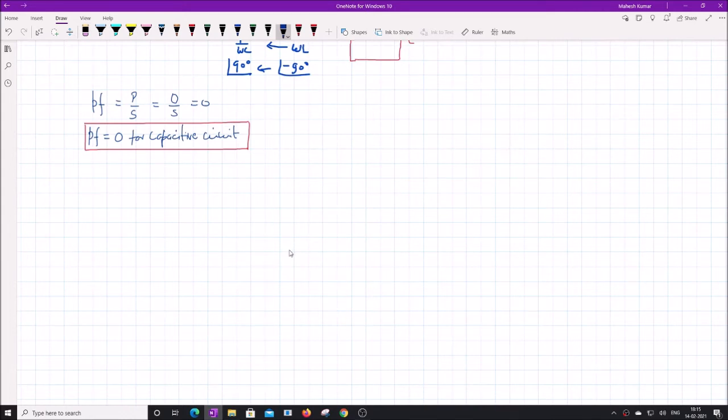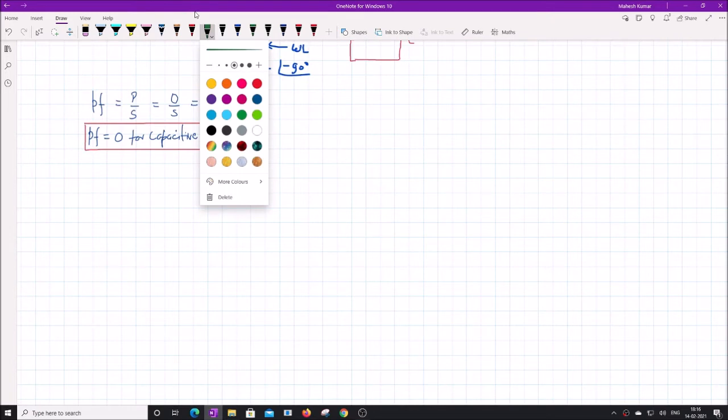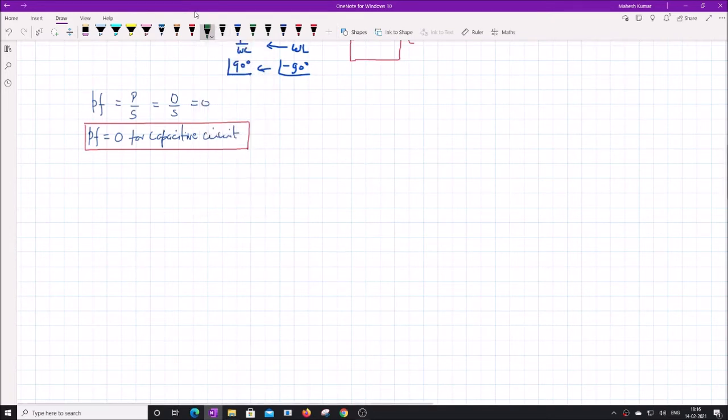So we ask the next question: what about the power factor when the circuit is an RL or RC circuit, and what is its relationship with the fundamental power factor?